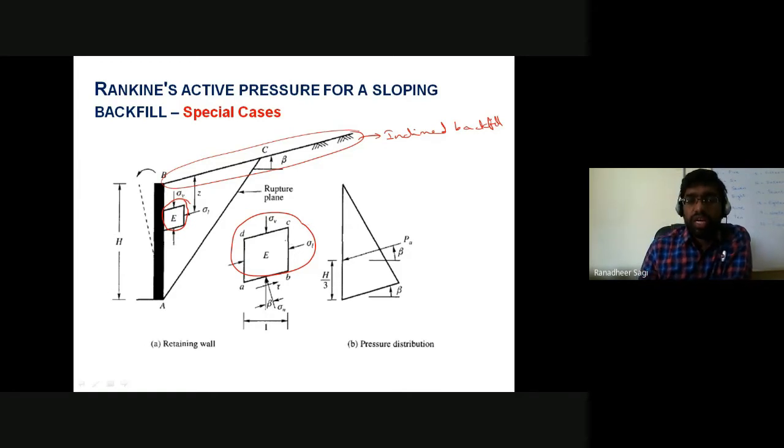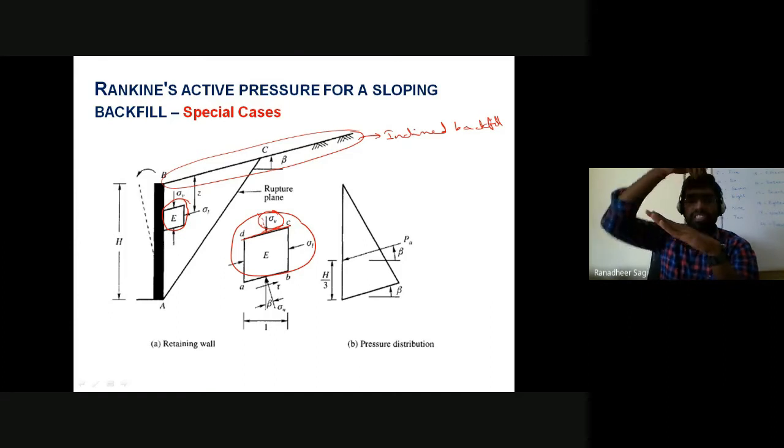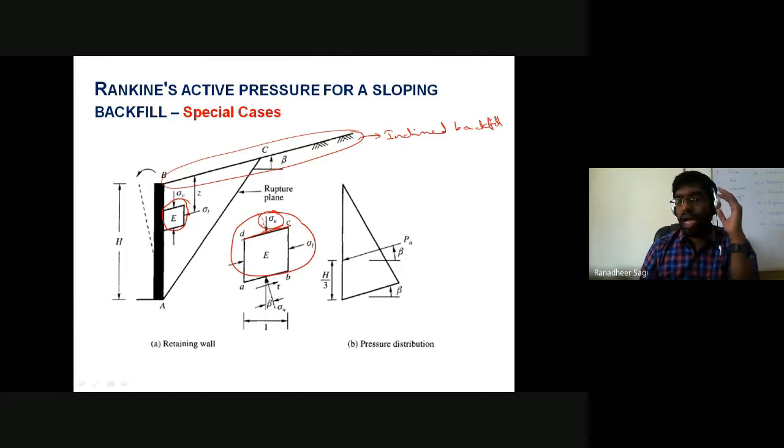The stress is in the vertical direction, but the plane on which that stress acts is no longer vertical. Rather, it's an inclined backfill surface. So if I resolve this vertical stress, I have two components. One component is perpendicular to that backfill surface, and the other component is tangential to that backfill surface. So I have to be very careful.